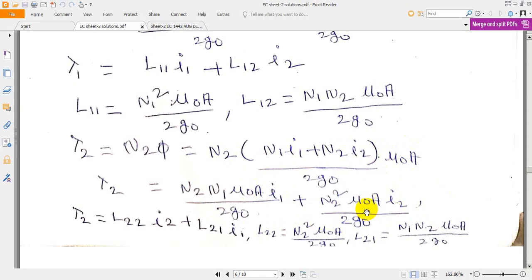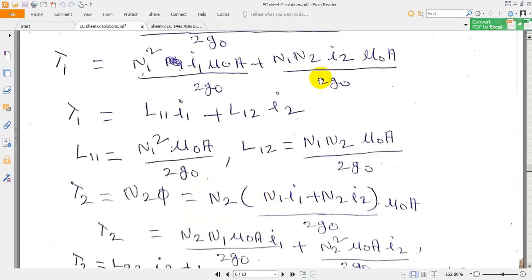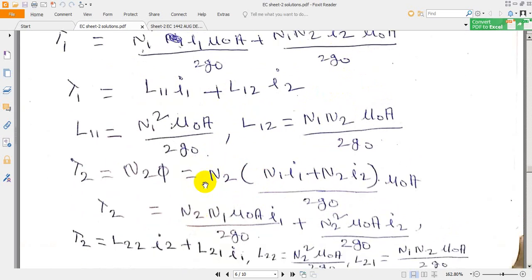This parameter, N2 square mu naught A by 2G0, is called the self-inductance of coil 2, and this parameter is called mutual inductance. If you compare, this parameter is equal to this parameter. L12 is equal to L21.